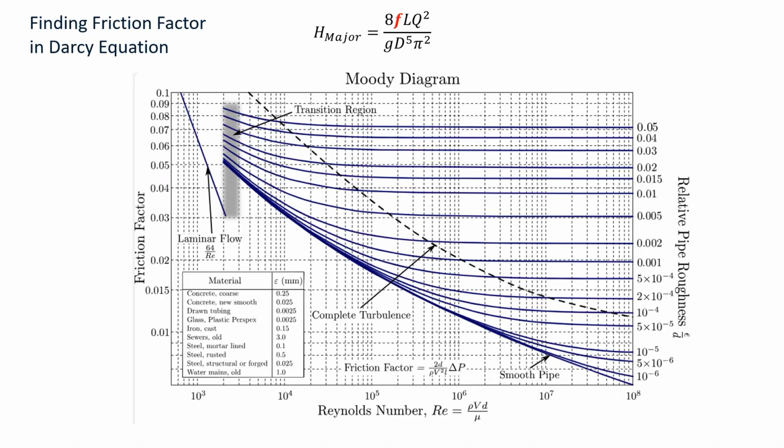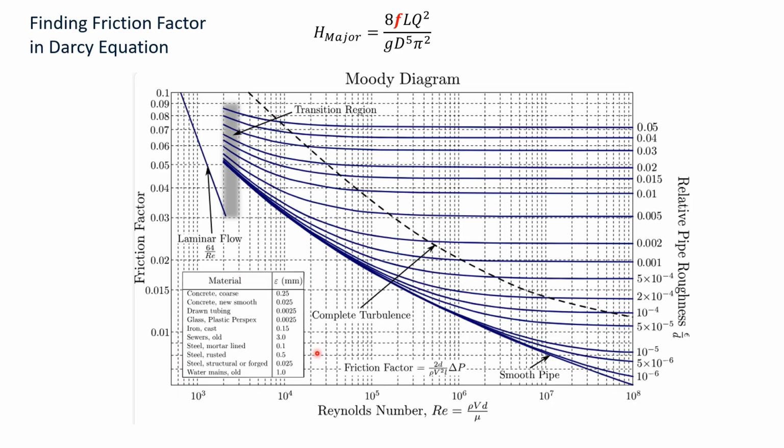So to find the friction factor, we need to use Moody's diagram. In Moody's diagram, we need to find the Reynolds number and the relative roughness of the pipe. The relative roughness is equal to the roughness of the pipe divided by the diameter.